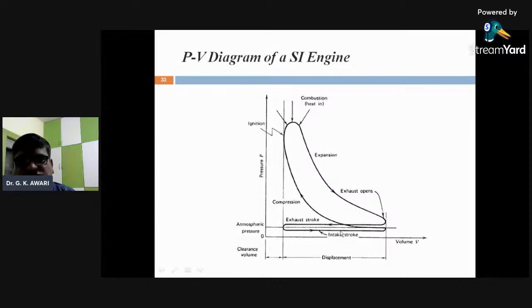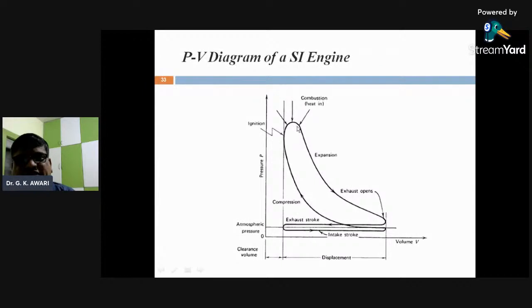This is the line which is shown at the atmospheric pressure, and this is the intake stroke. Intake stroke naturally happens. Then the spark plug fires in a spark ignition engine, and the combustion is over.